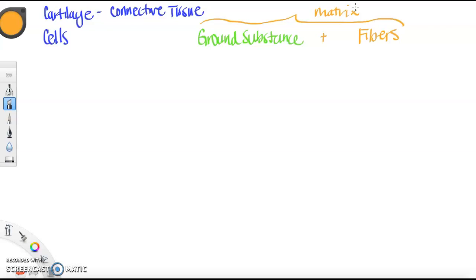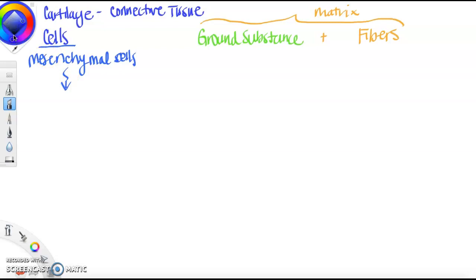Let's just review on connective tissue. So in cartilage, the cells come from mesenchymal cells. And those mesenchymal cells, when cartilage is formed, differentiate into cartilage cells.